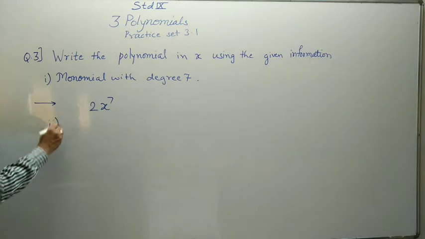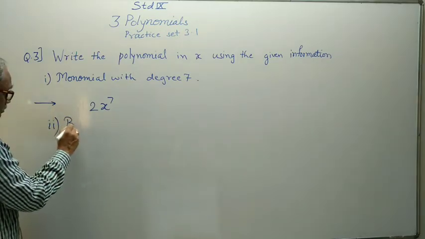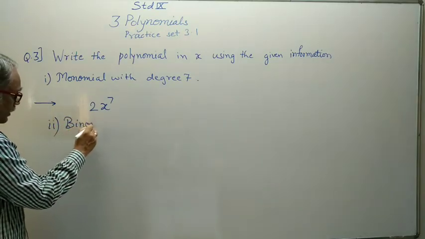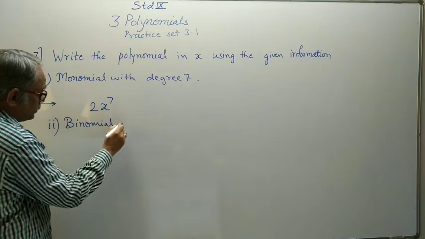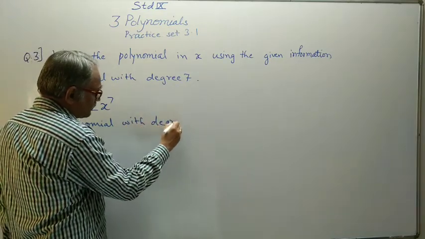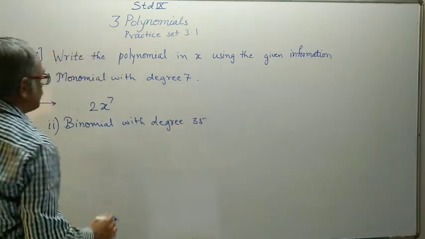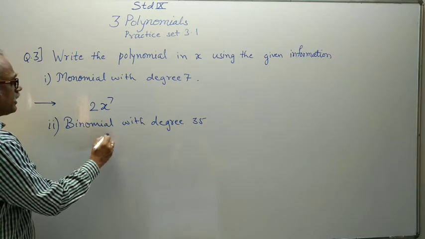Now the second information: binomial with degree 35 means there must be two terms. One of them has maximum degree 35, meaning x raised to 35 must come.